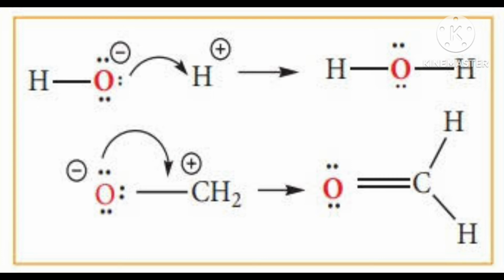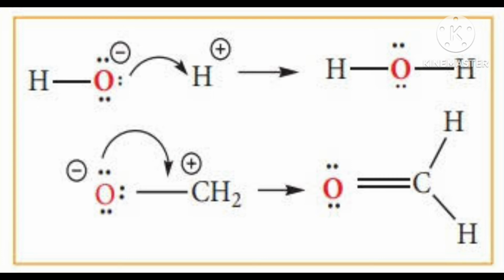Movement of a single electron is indicated by a single barbed fish hook. Here you can see a curved arrow you have written, the full arrow.